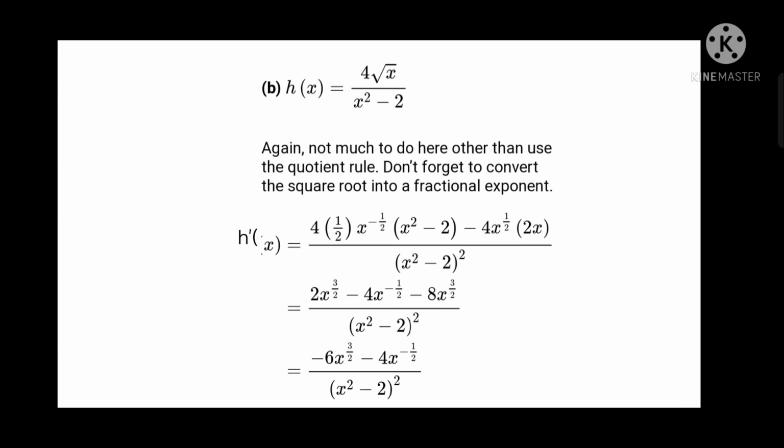So for question B, h of x equals 4 square root of x over x squared minus 2. Don't forget to convert the square root into a fractional exponent.